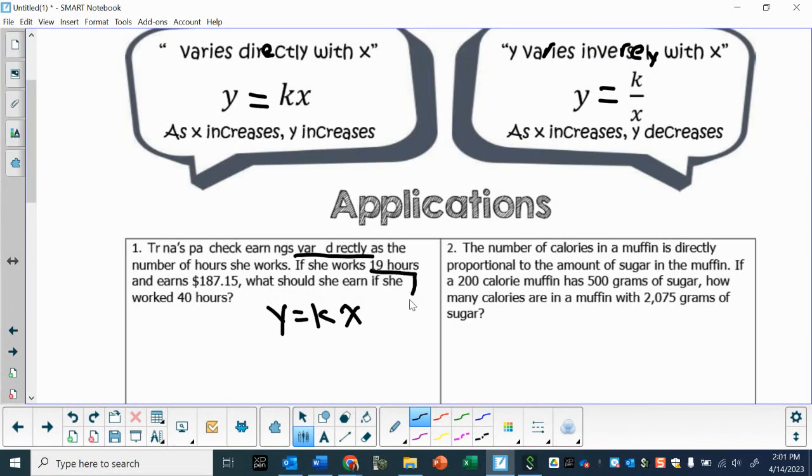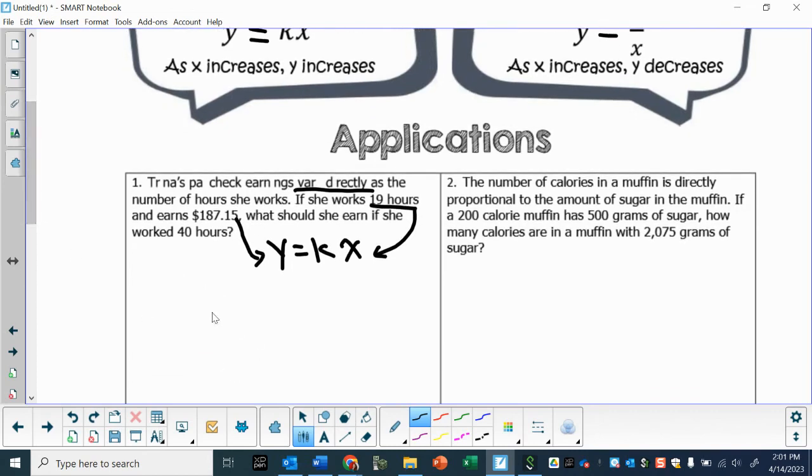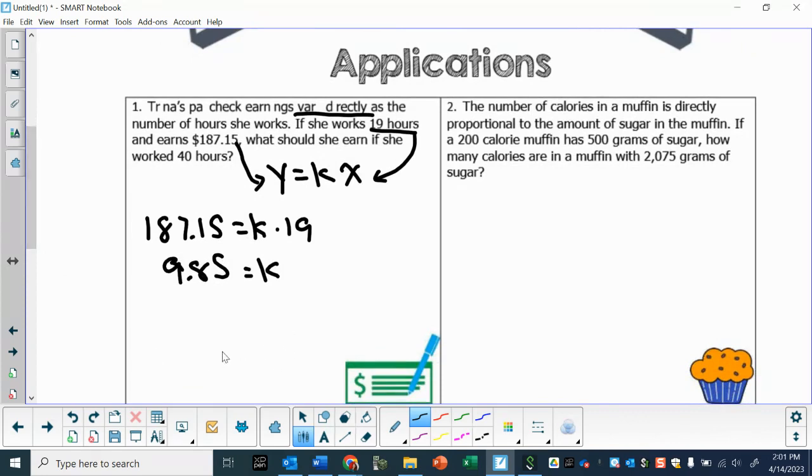If she works 19 hours, that will be x, and earns $187.15, we can find the constant of variation by doing 187.15 equals k times 19. Dividing both sides by 19, you're going to get k equals 9.85. So she earns $9.85 per hour.